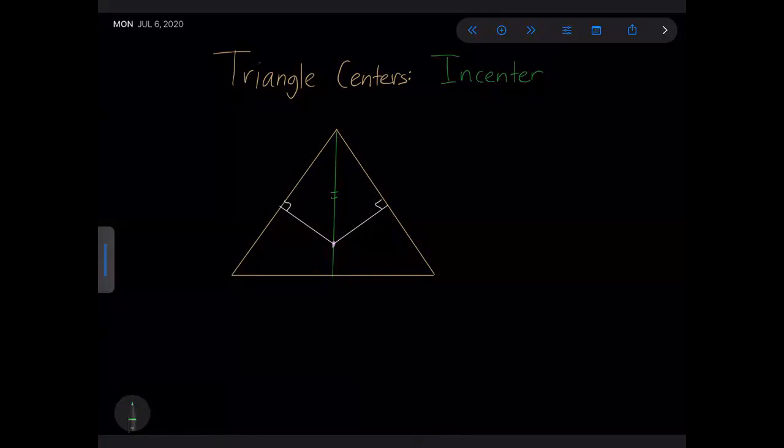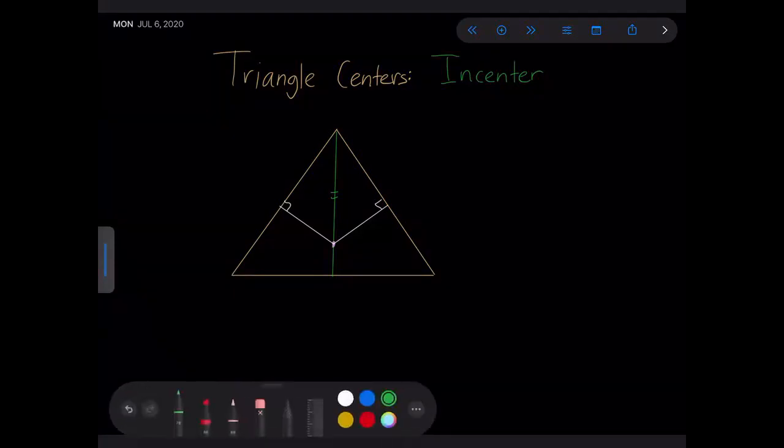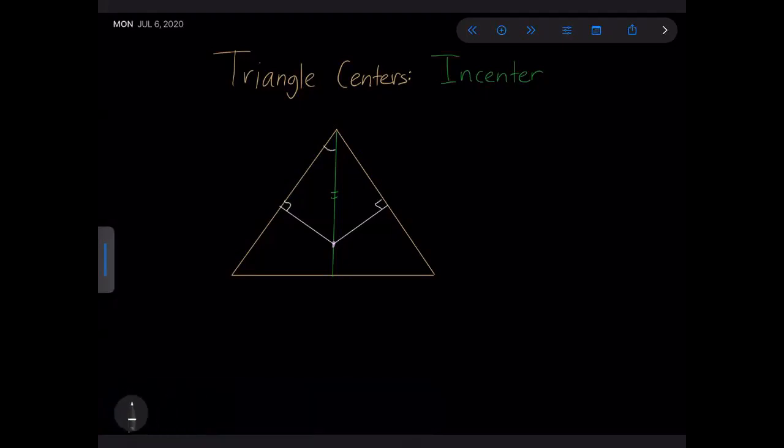Since these two triangles are congruent, that means that these two angles are the same. That means that this green line is an angle bisector. You can probably guess that the incenter is going to lie on the intersection of three angle bisectors.